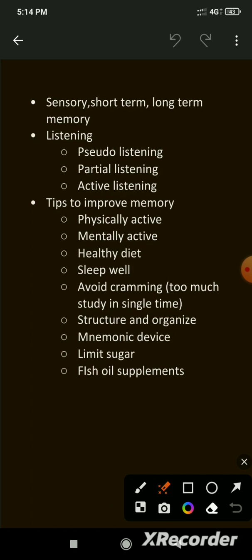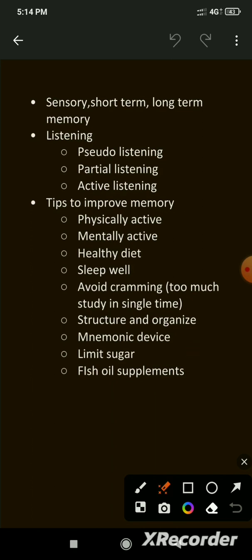And the next one is structure and organize. We need to group the items we learned, or structure similar concepts and terms together, or make an outline of your notes and textbooks to help group related concepts. And the next one is using a mnemonic device.